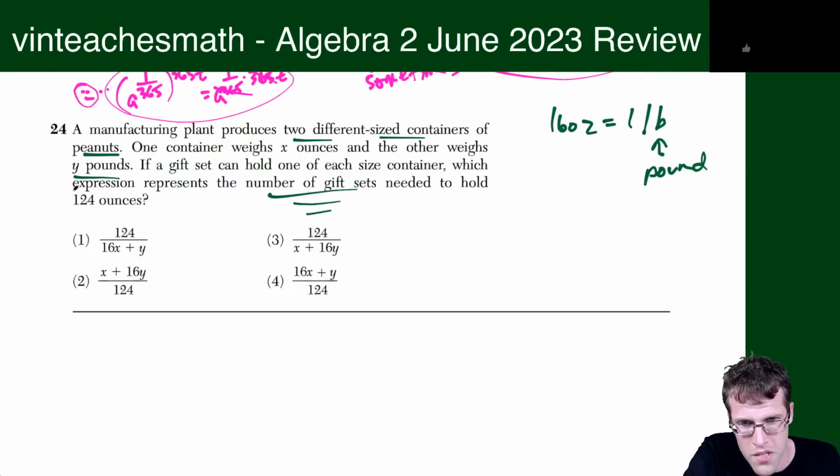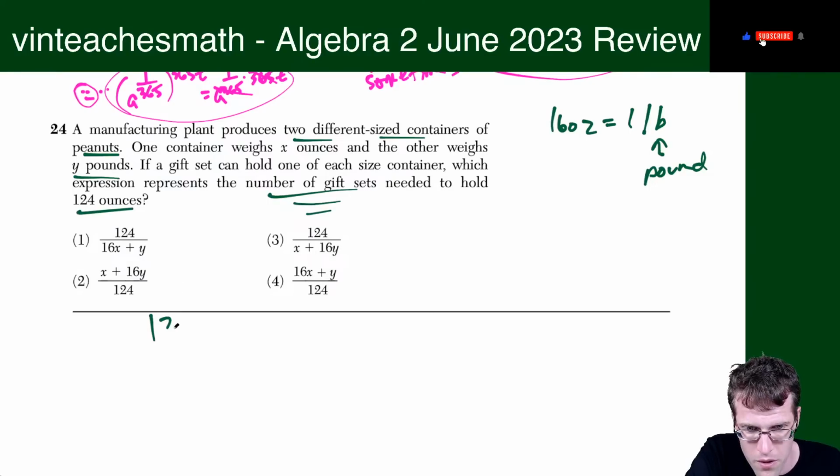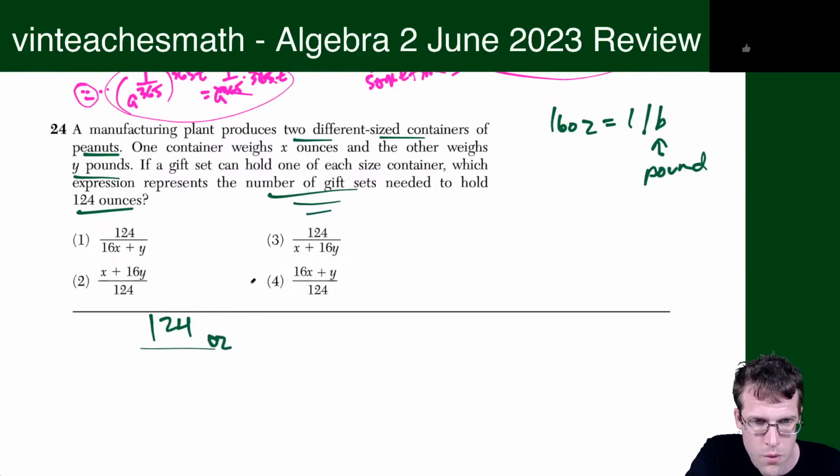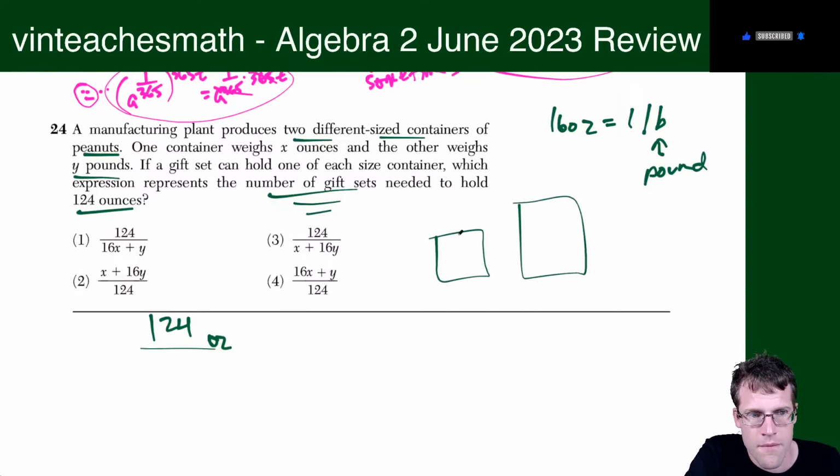So here we're taking the big amount, 124, and we're dividing it by, let's see here. So this is 124 ounces. So we want to express the weight of one container and the other container. Remember, this is X ounces and this is Y pounds. But remember, we said a pound is 16 ounces. So that's 16 Y ounces like this, okay?